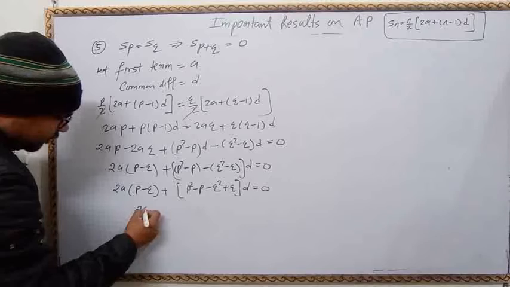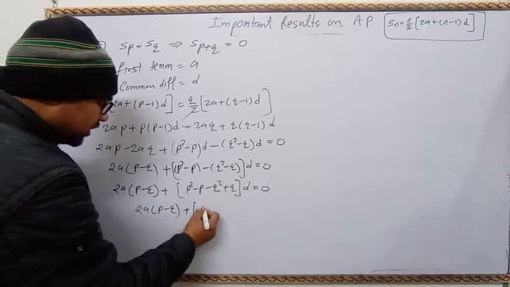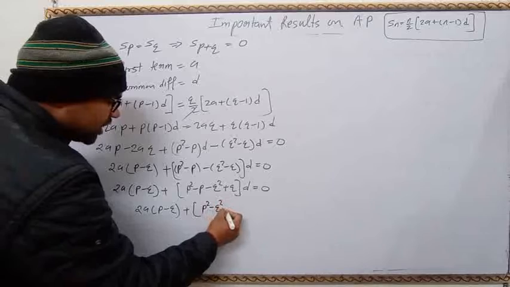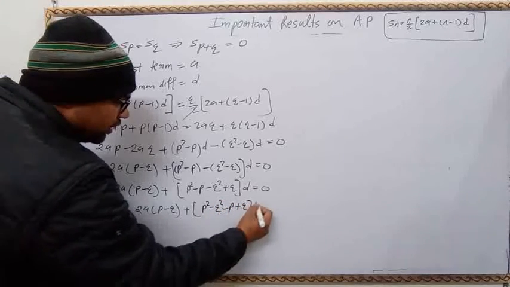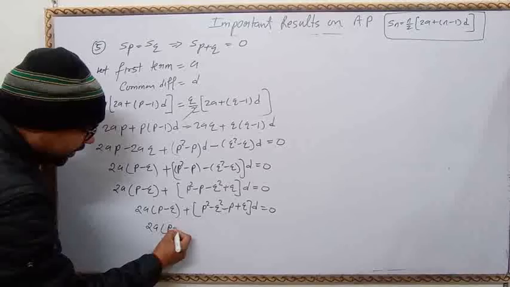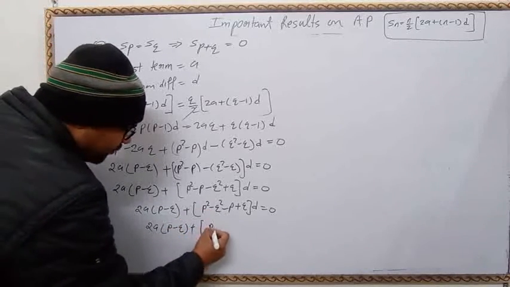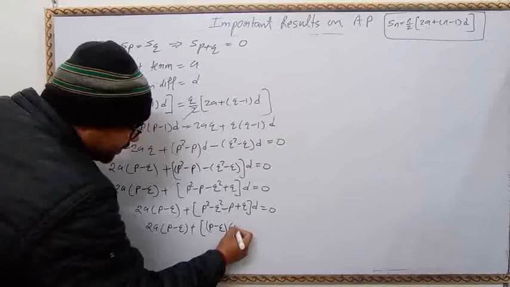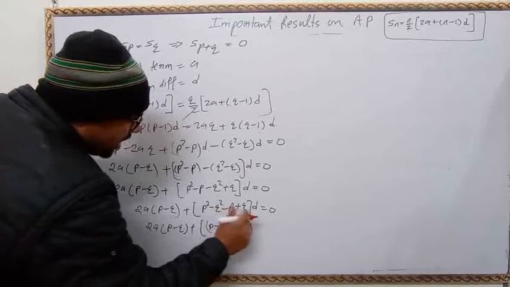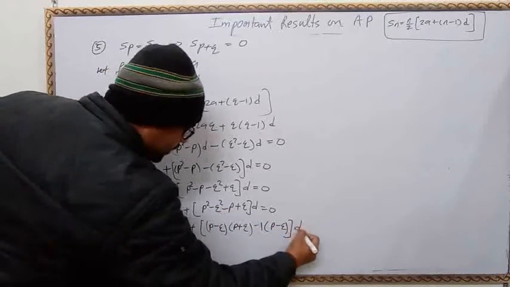So what we will get? 2a(p−q) + (p² − q² − p + q)d = 0. So what we will get? 2a(p−q) plus a² − b² means (p−q)(p+q). What is common here? Minus 1 is common. So (p−q)d = 0.